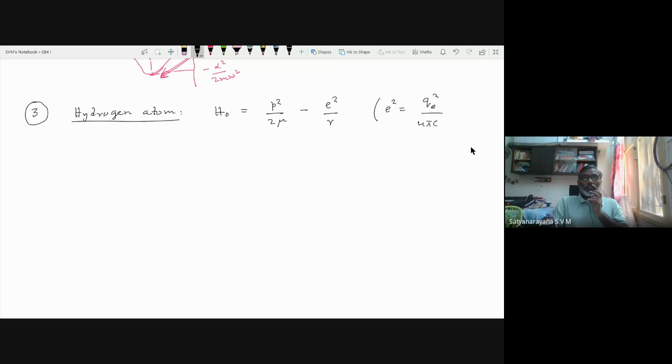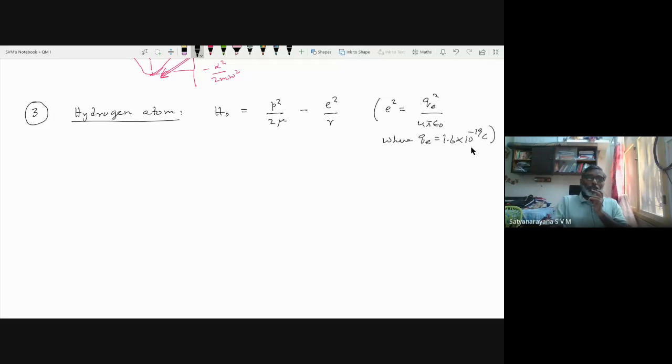Now let's look at a third problem. So let us say that we have considered, for hydrogen atom, H0 as P squared by twice mu minus E square by R. Okay, you may remember that this E square is equal to QE square divided by 4 pi epsilon naught, where this QE is the charge of the electron, 1.6 into 10 to the minus 19 coulombs.